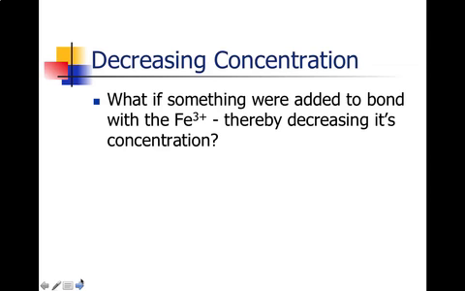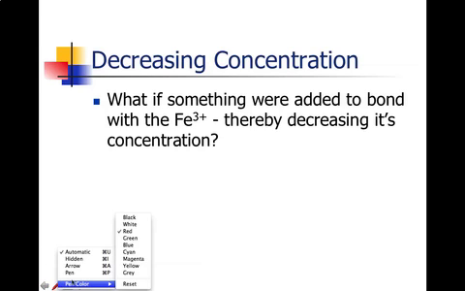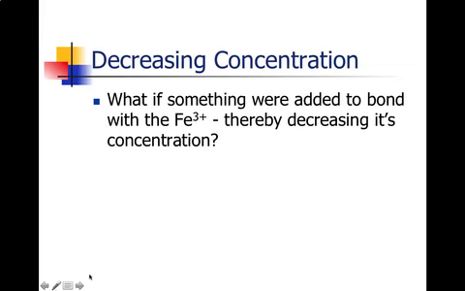If I decrease the concentration of something, so what if something was added that bonded with the Fe3+, which would then decrease the concentration? So if we're looking at that same reaction as above, or in the last slide, I have now decreased my Fe3+, so I went from a nice level line to one that's lighter on this side because there's less of it.